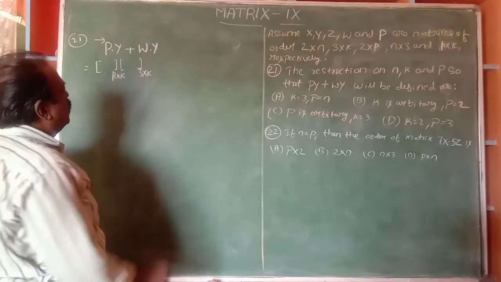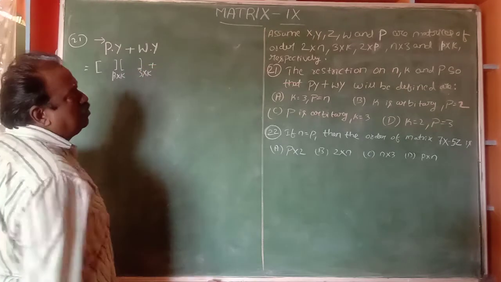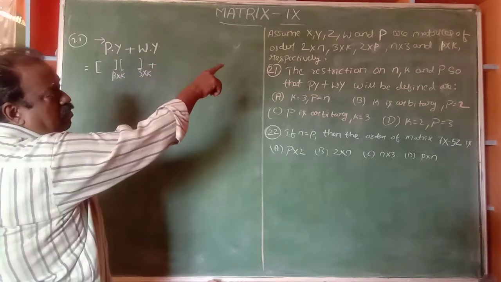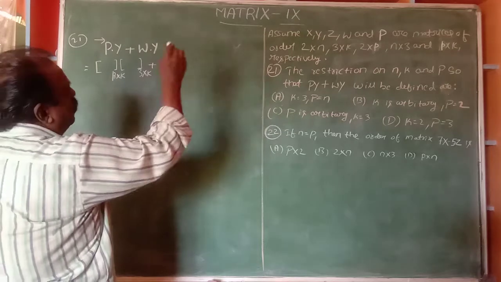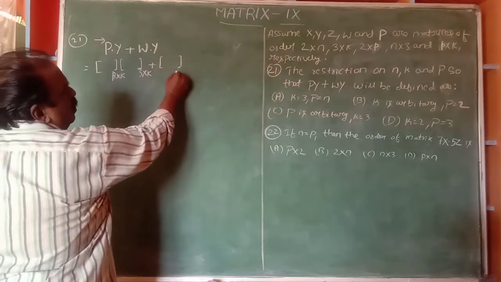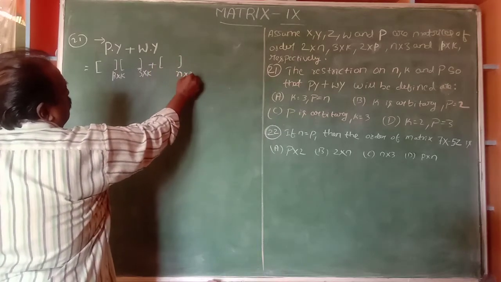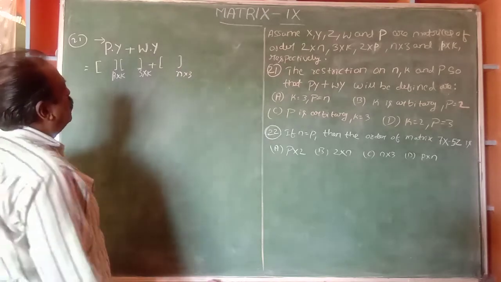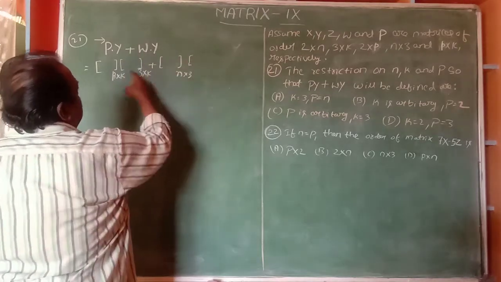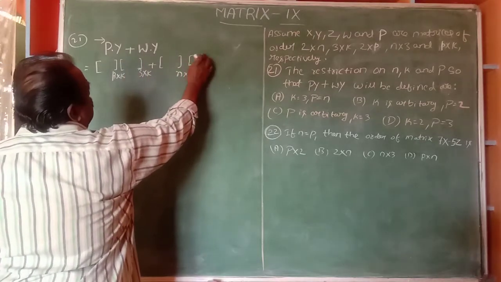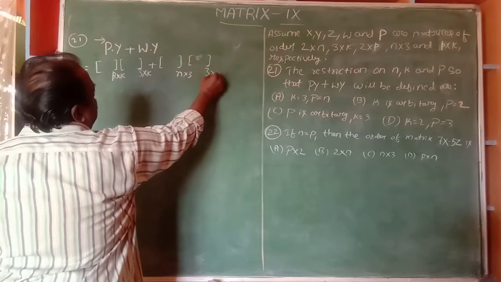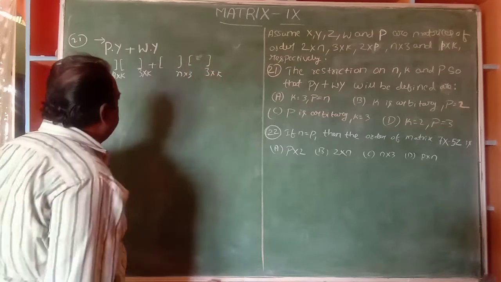Plus W. W is the fourth matrix, with order n by 3. And again Y, the same matrix with order 3 by k.